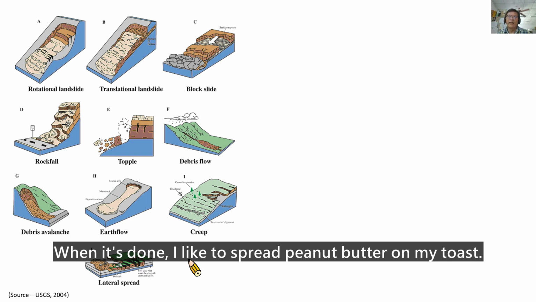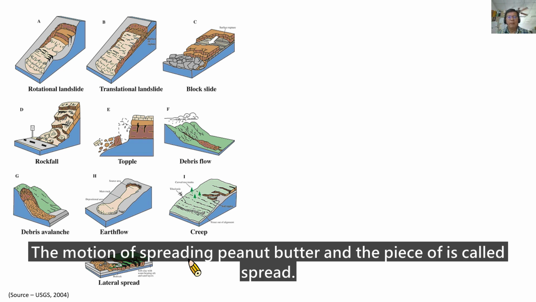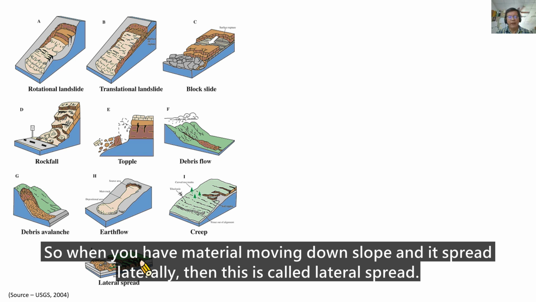When it's done, I like to spread peanut butter on my toast. The motion of spreading peanut butter on a piece of toast is called spread. So when you have material moving downslope and spread laterally, then this is called lateral spread.